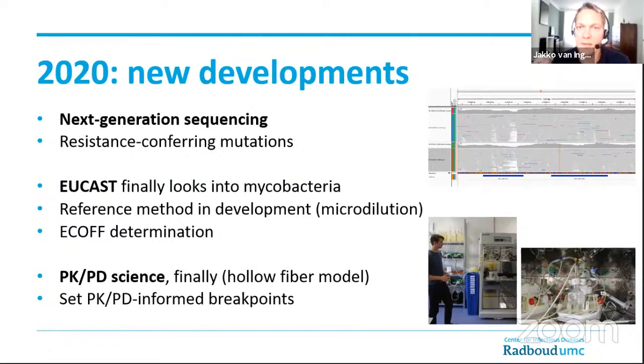In NTM, that's still an evolving science. We know some resistance-conferring mutations. Finding them obviously tells you there's resistance, not finding them does not yet tell you that the bacterium is definitely susceptible. So that needs a lot of work, but that is a work in progress, and it's something that we are very active in my group.